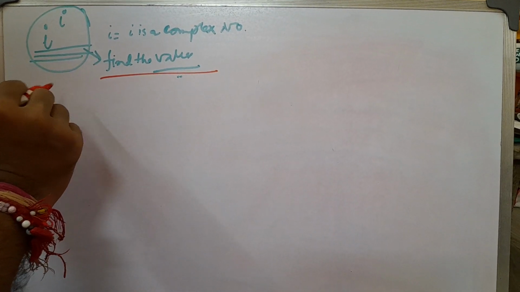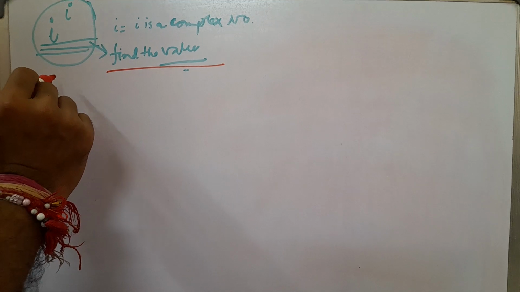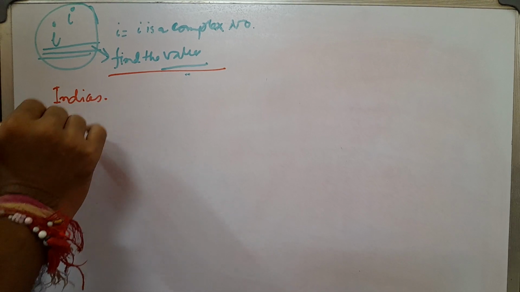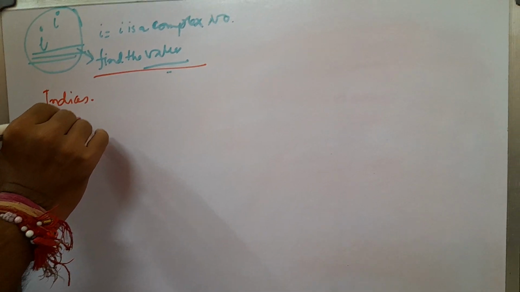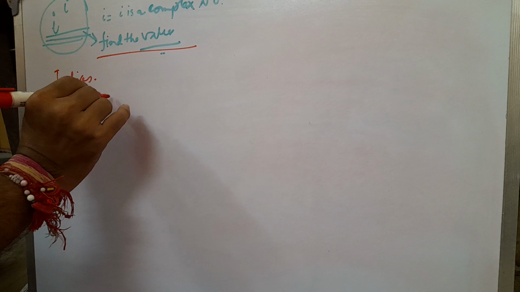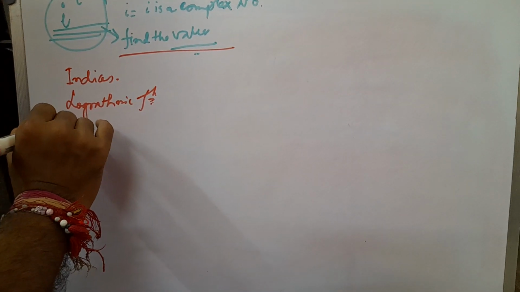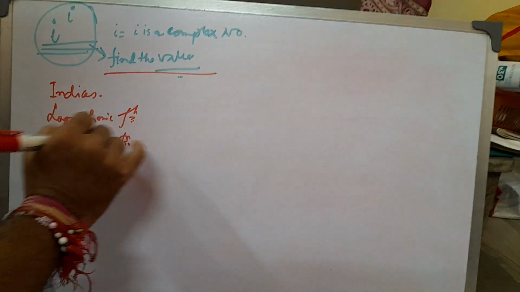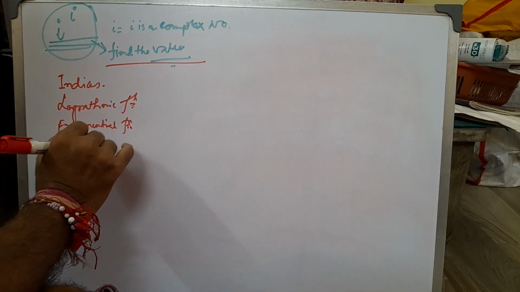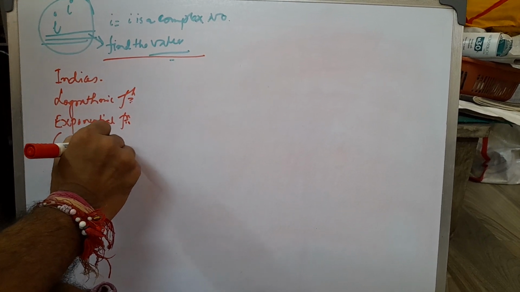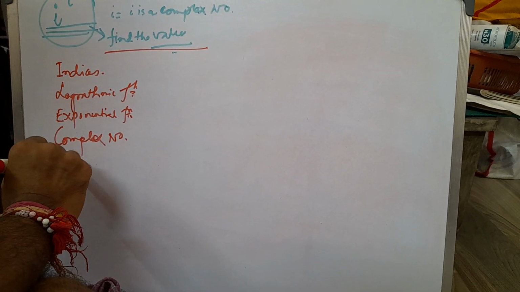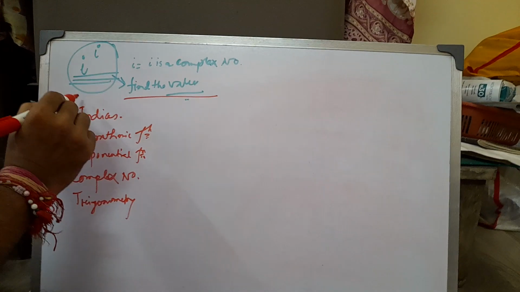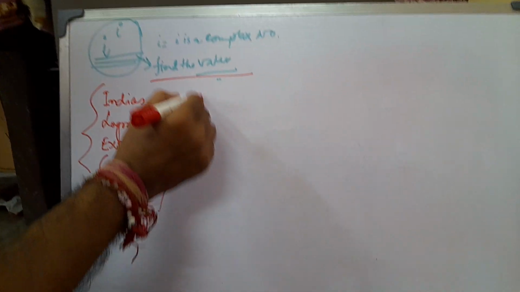Everybody knows that first come the indices, then the logarithmic function, then the exponential function, and you should know complex numbers and trigonometry. So these five things you have to remember to solve the problem.